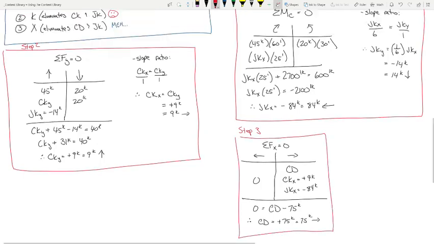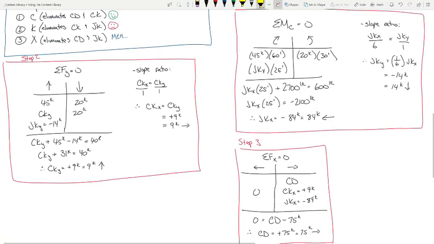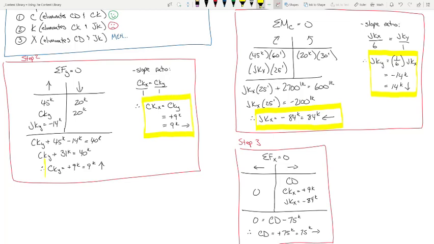And then the only thing left to do is to just collate our answers, right? So here's our JK. Here's our CK. And here's our CD.